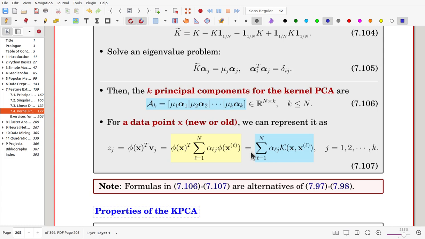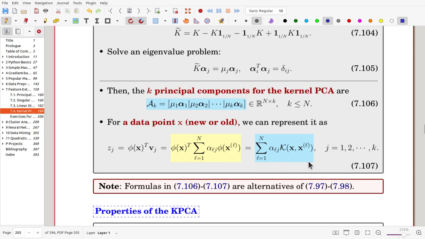In Raschka's book, the program is given along with that one. So in standard PCA, there is the square root of the eigenvalues.